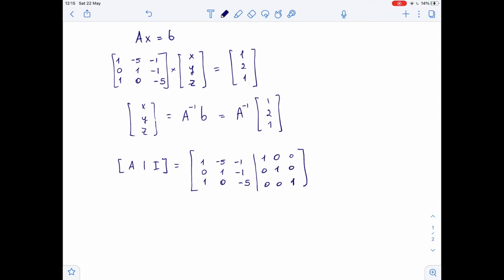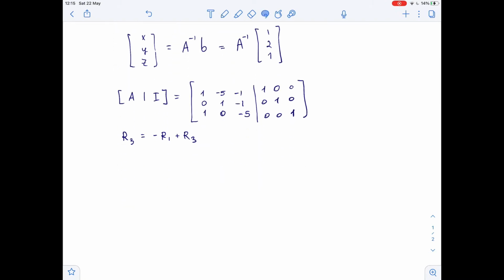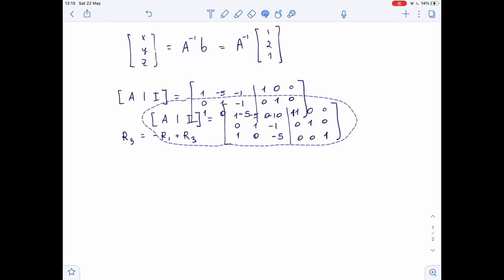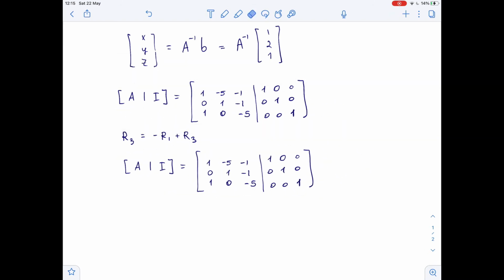First of all, we are going to substitute row 3 by negative row 1 plus row 3. So let's see what our matrix will look like after this. I'll just copy paste it and erase row 3. Now instead of row 3 we will have 0, because negative 1 plus 1 is 0.